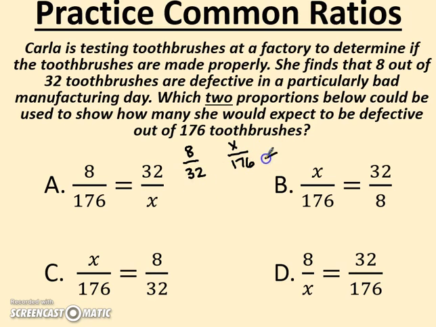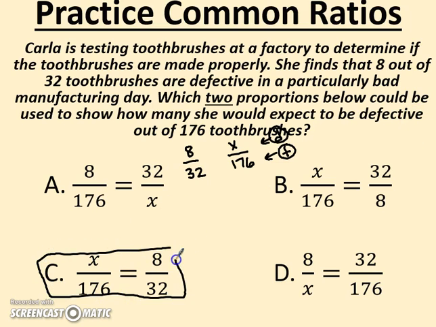So I wrote the totals on the bottom and the defectives on the top. Is this an option for us? Yes, this is option C. It's just backwards. 8 over 32 is equal to x over 176. So this one's good. But we're looking for 2 different ones.